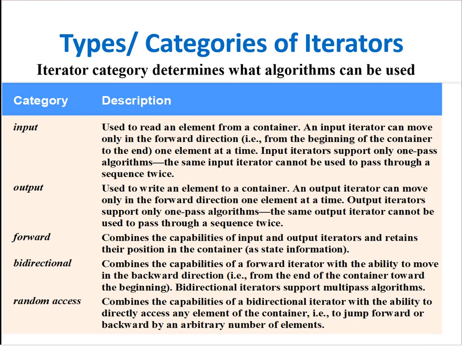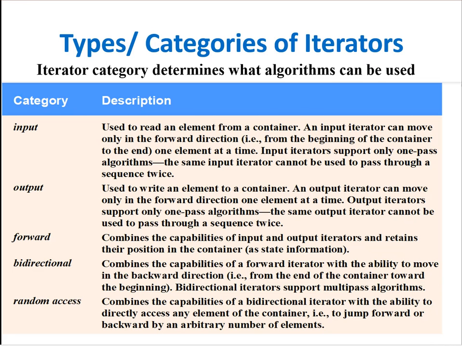Output iterator is used to write an element to the container, and it can move only in the forward direction one element at a time. Output iterator supports only one pass algorithm. The same output iterator cannot be used to pass through the sequence twice.